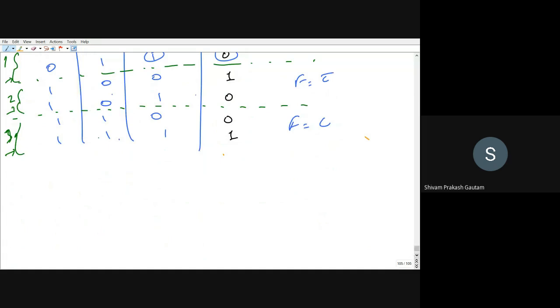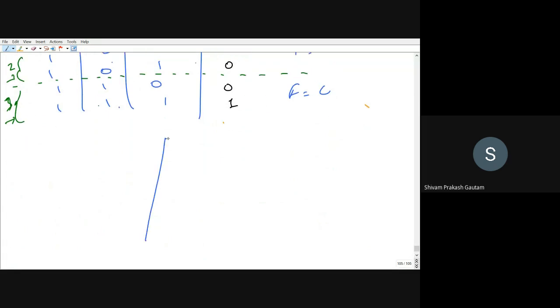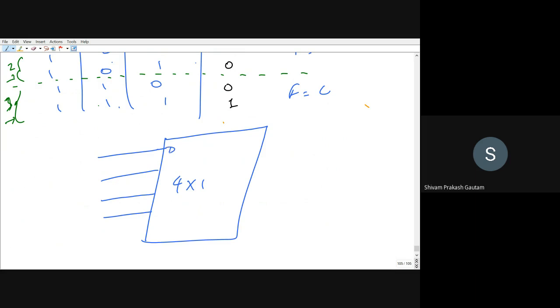So this is a 4x1 multiplexer. 4 inputs are there, D0, D1, D2, D3, 2 select lines are there, S1, S0, and one output function.